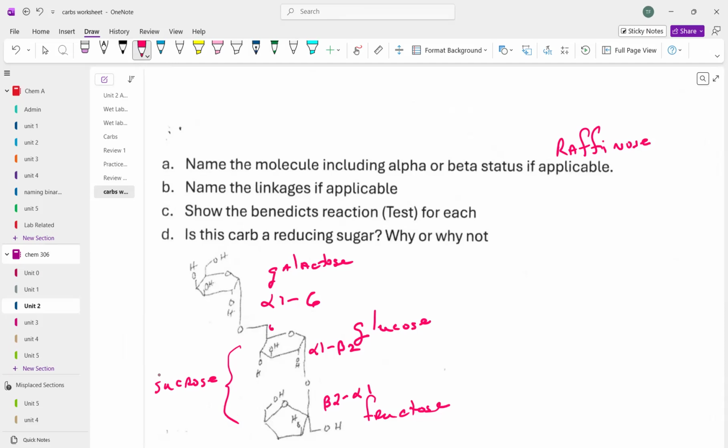So no, not a reducing sugar. Negative. No. Acetal.